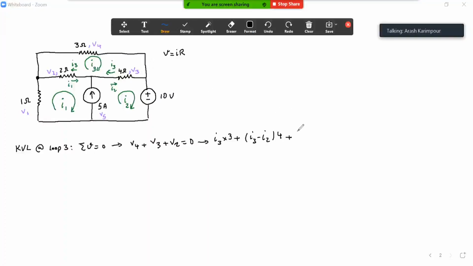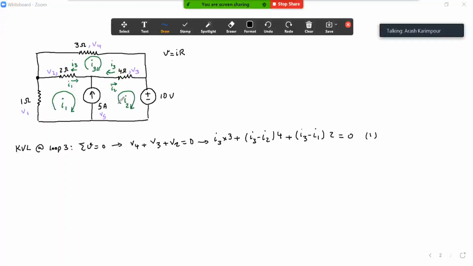In simple terms, it's the inside current minus the outside current, times the resistance, times 2, equals 0. So this is the first equation I have. Now I have I1, I2, and I3, so 3 unknowns and only one equation, and I cannot use either of these two meshes.